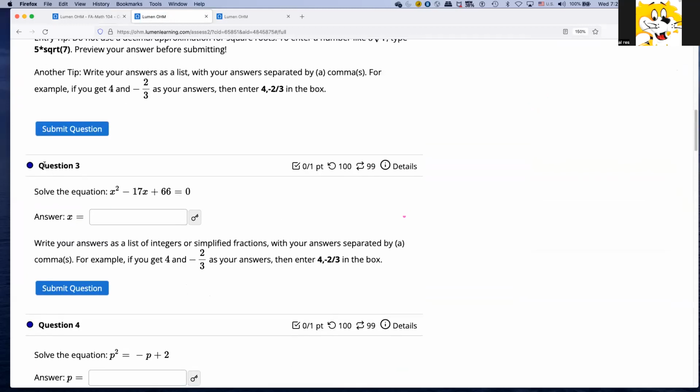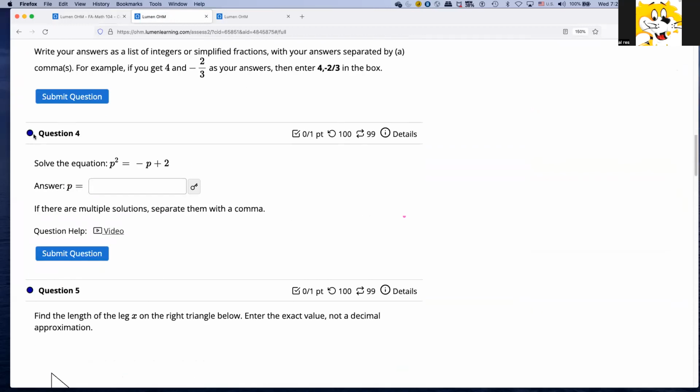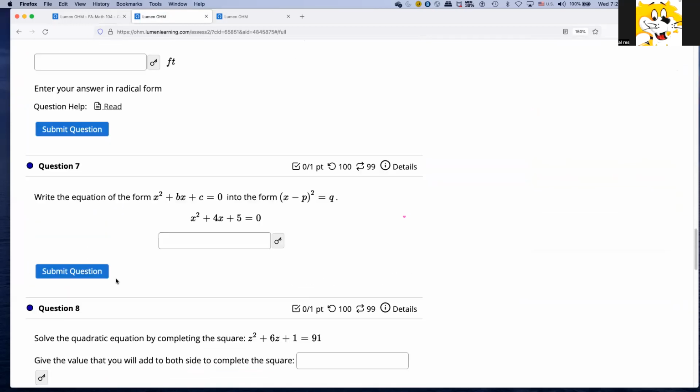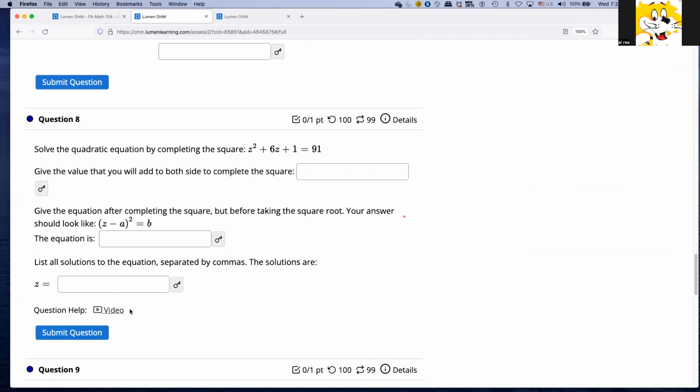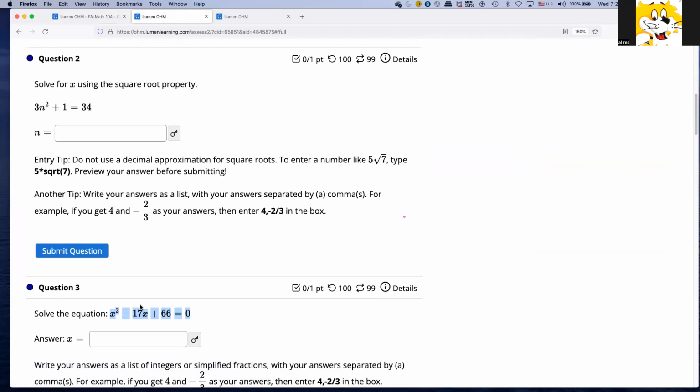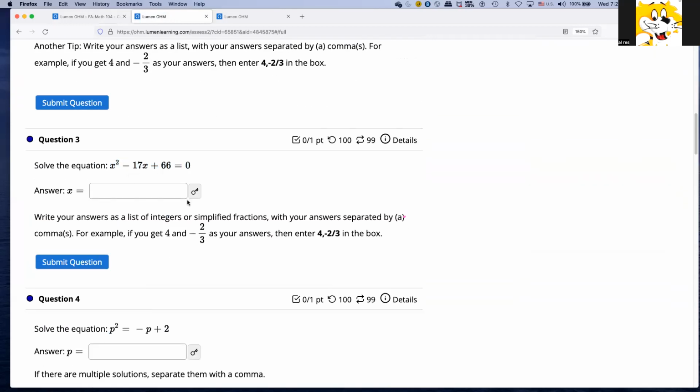And then I focused on this problem, question 3. And I said, well, we need to factor this out and test whether or not... I'm not going to give you stuff like this. I'm not going to give you question 5 and 6. Forget about it. That's not going to happen. But I do expect you to be able to factor x squared minus 17x plus 66, a similar problem to this, and tell me whether or not those factors will make this equal to 0.